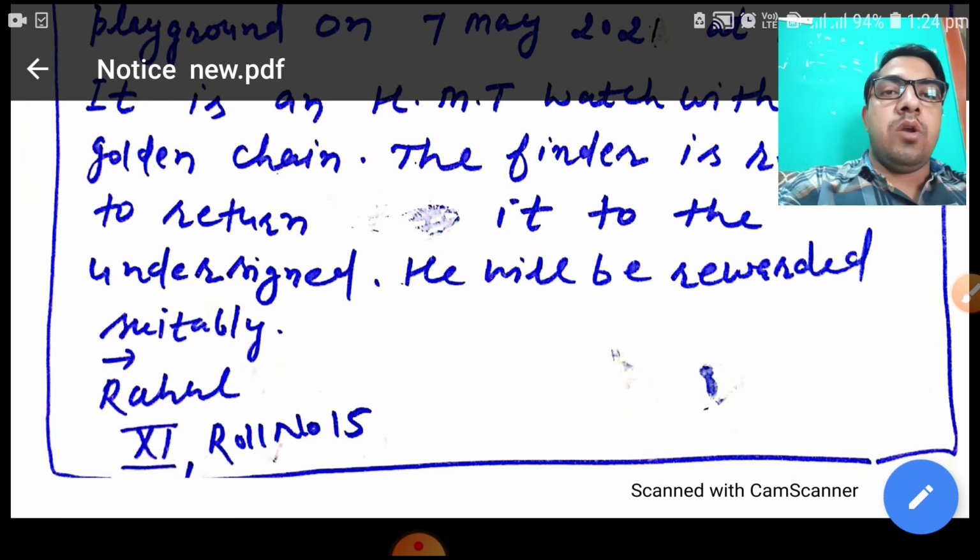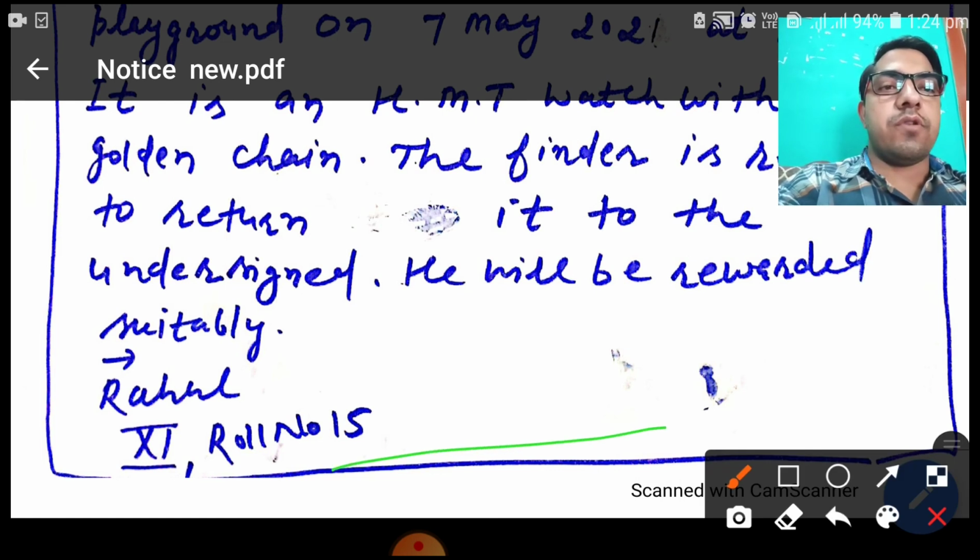Just after the signature you should mention the designation. Here in the question 11th class is given, that's why the designation is 11th class. You can write the roll number in this way. After that you should make a box.